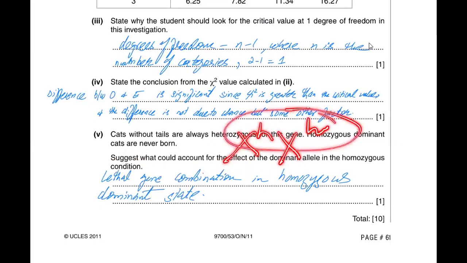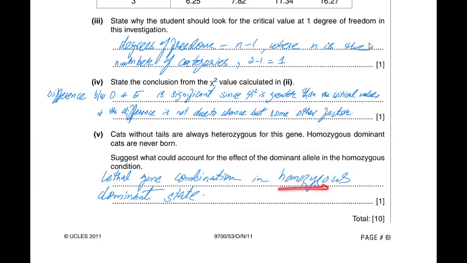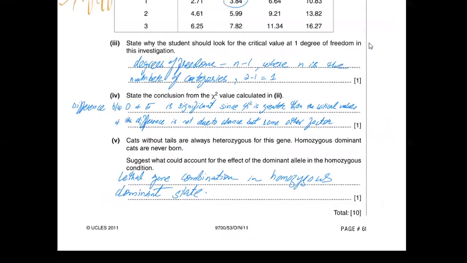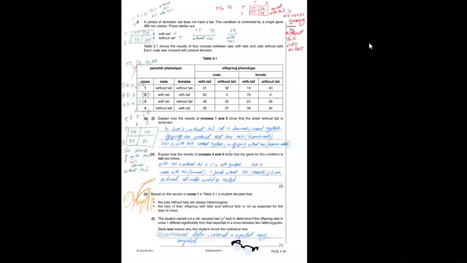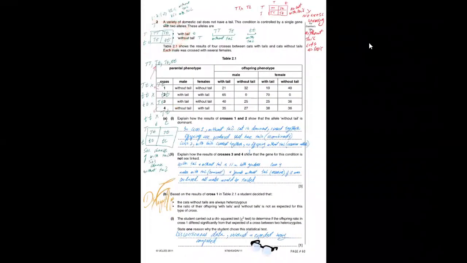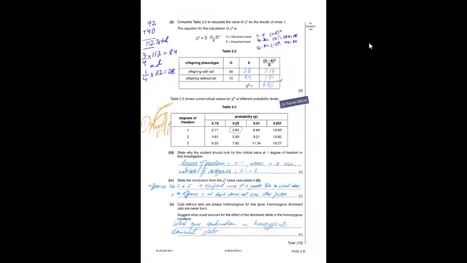Why? Because this is a lethal gene combination. So whenever there's a lethal gene combination, two alleles coming together, could be recessive, could be dominant, if they are never produced, if they are never seen in that phenotype, it just means that this is a lethal combination. And this is exactly why this particular ratio is not coming 3:1, and it's coming to be something very different. And we have proven this with the chi-square.